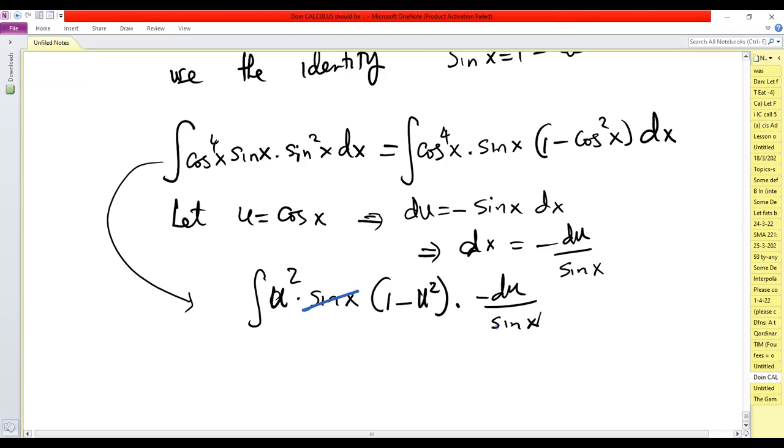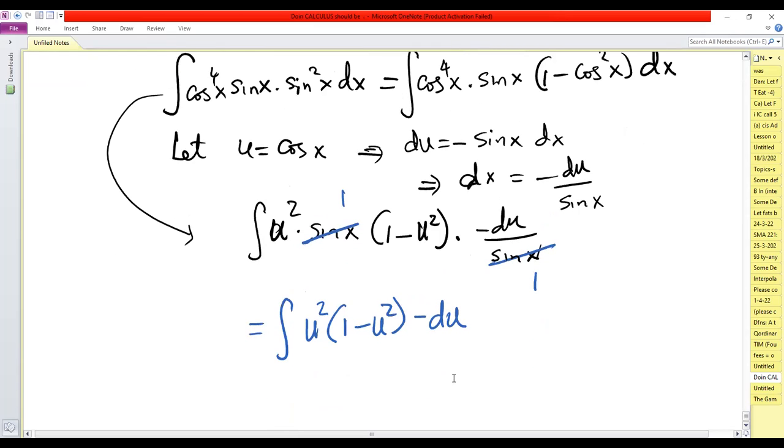So we'll have the integral of u power 4 into 1 minus u squared times negative du. Multiplying this negative by every term, this will be positive and this negative, so it's like I have u power 4 into u squared minus 1 du.